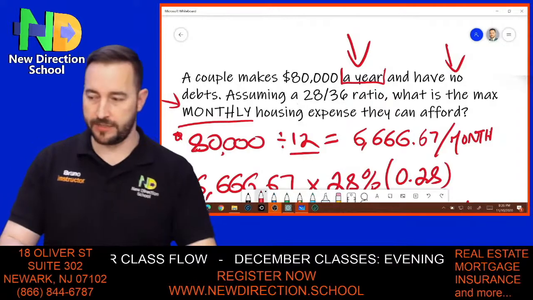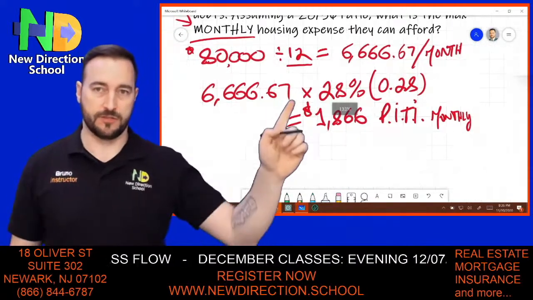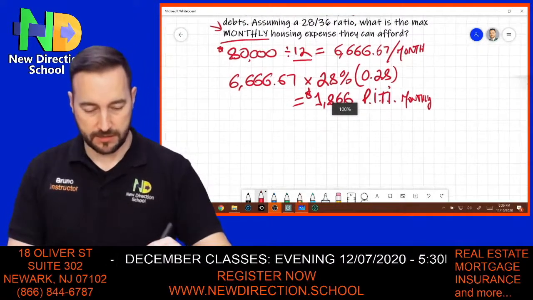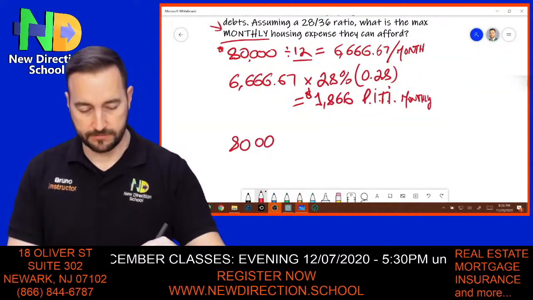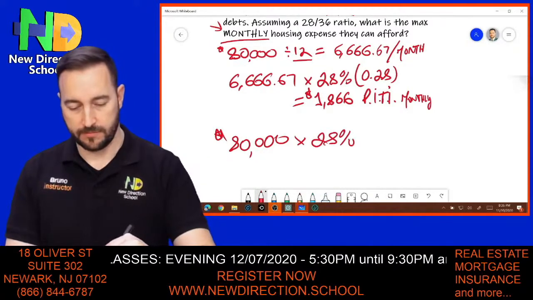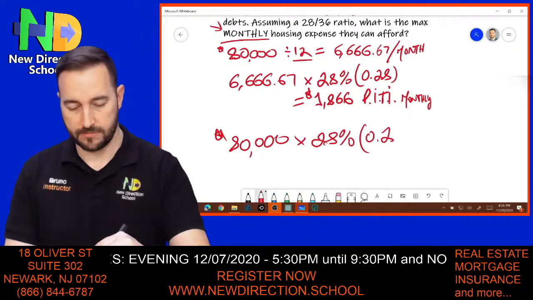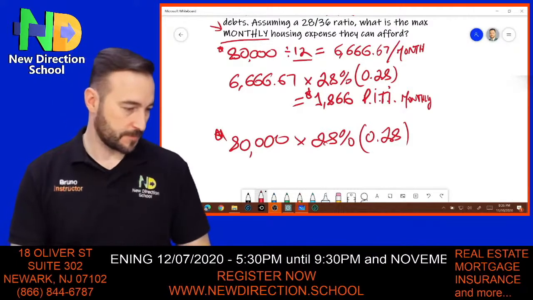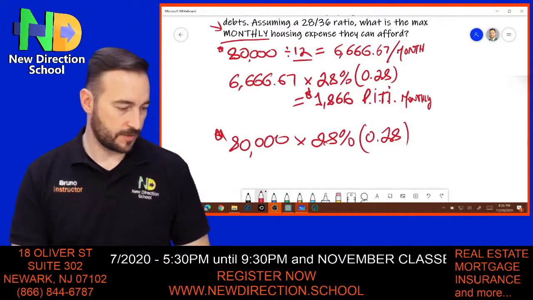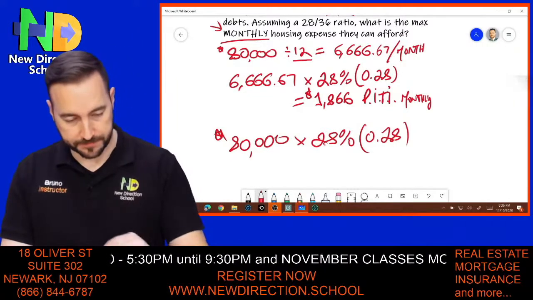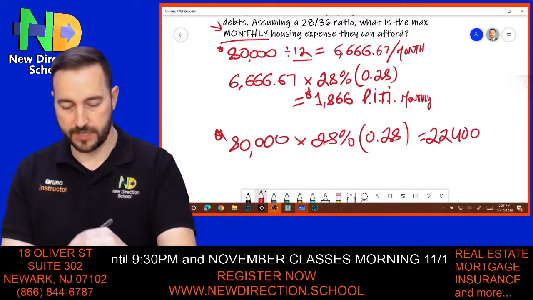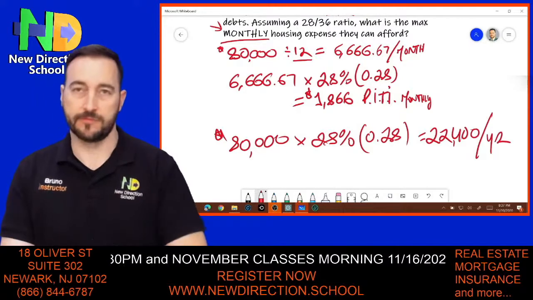Okay, so let me do the other way that could have happened as well. This is the answer, right? But you could have done 80,000 times 28%, and this would equal 22,400, right? But this is still a year.